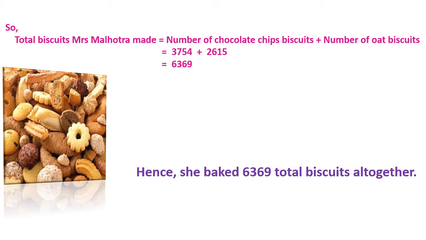So she baked a total of 6,369 biscuits altogether. So this is how, with the help of a bar model, we are going to visualize our question and we are going to get the answer. Now let's move to the next question.